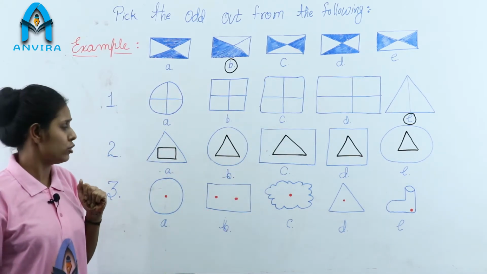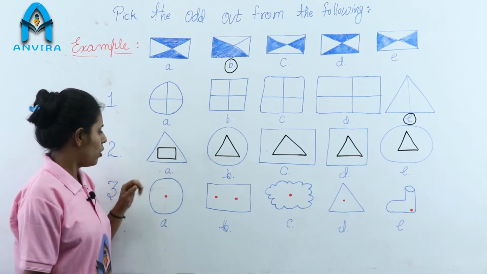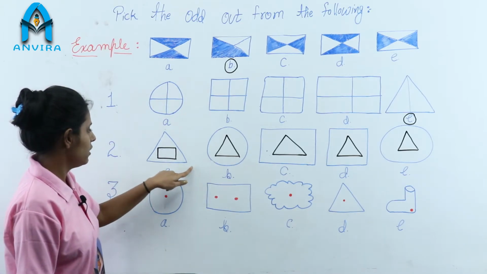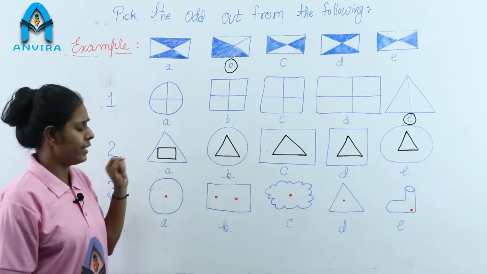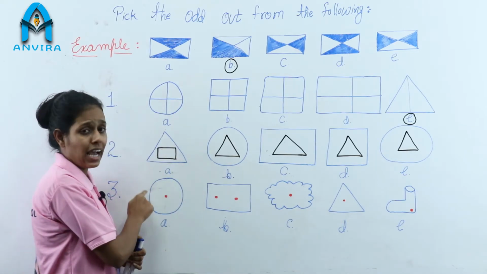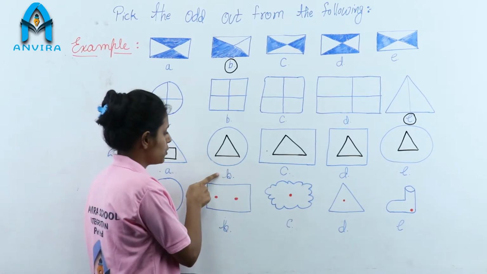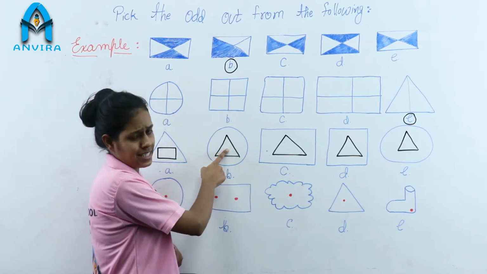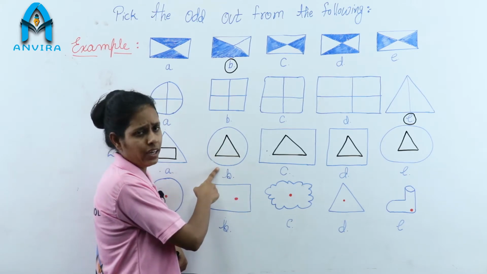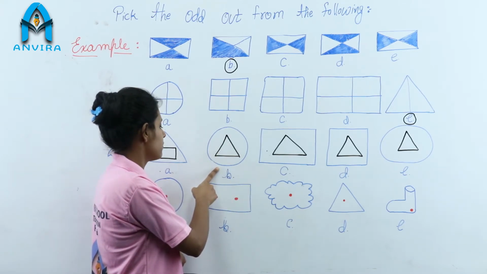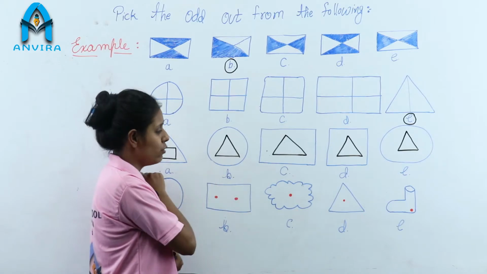Now question number 2. Option A, a triangle and a rectangle. A triangle is outside and a rectangle is inside. Option B, triangle is inside and a square. A circle is outside.